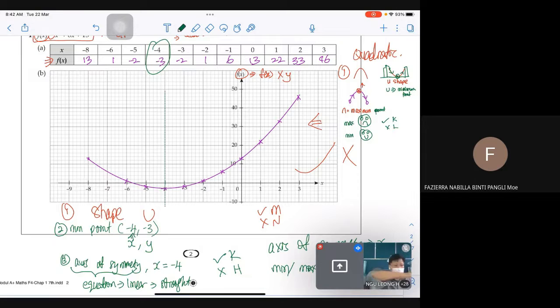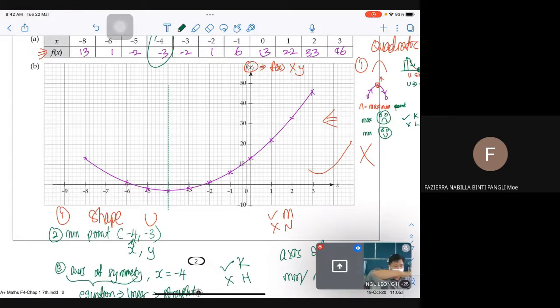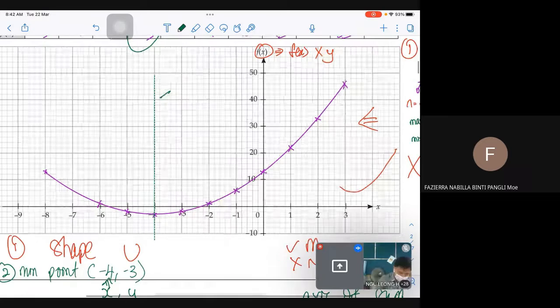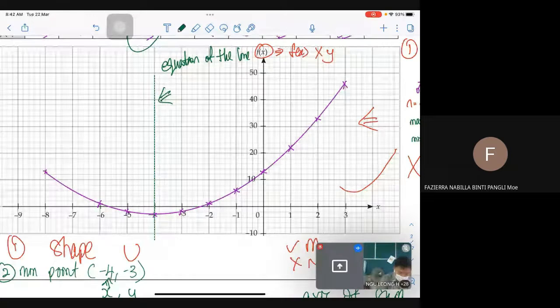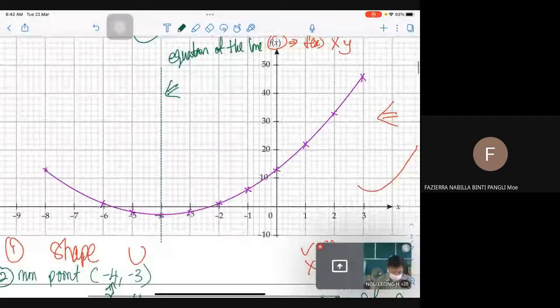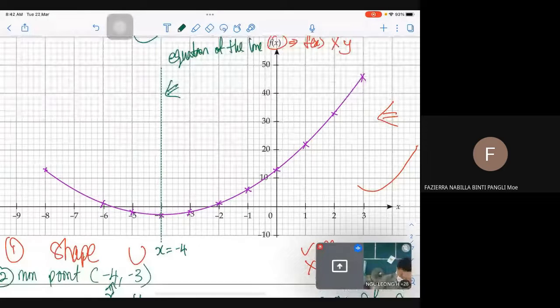Horizontal, right? So now you look at this line, the equation of the line. Okay, this is x = -4.